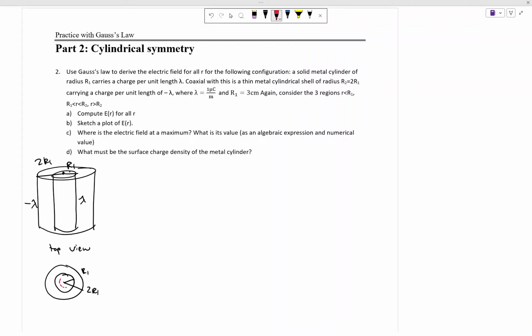Okay, so all right, what are our Gaussian surfaces? Well, the first surface, so for R less than R1, and this is a solid metal cylinder. So same logic as we saw with the last example. Starting point is the same.